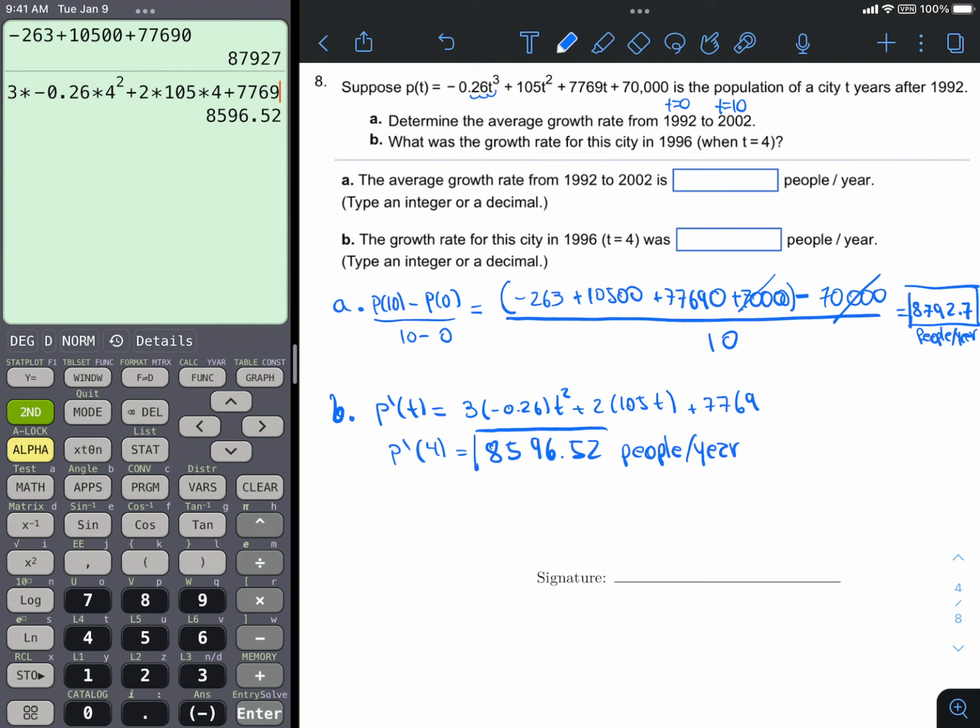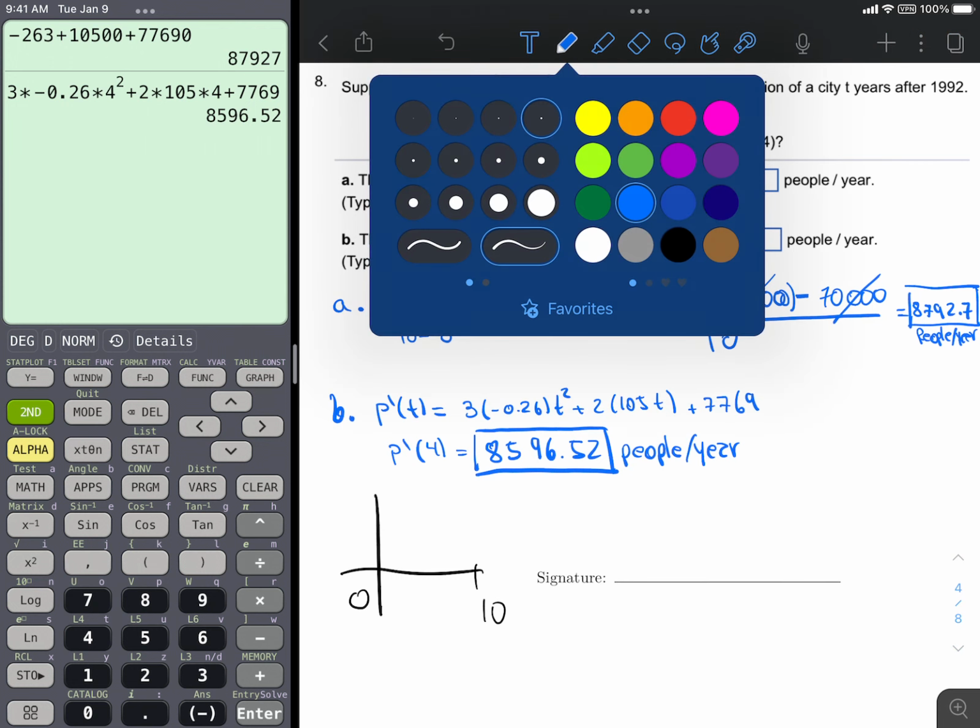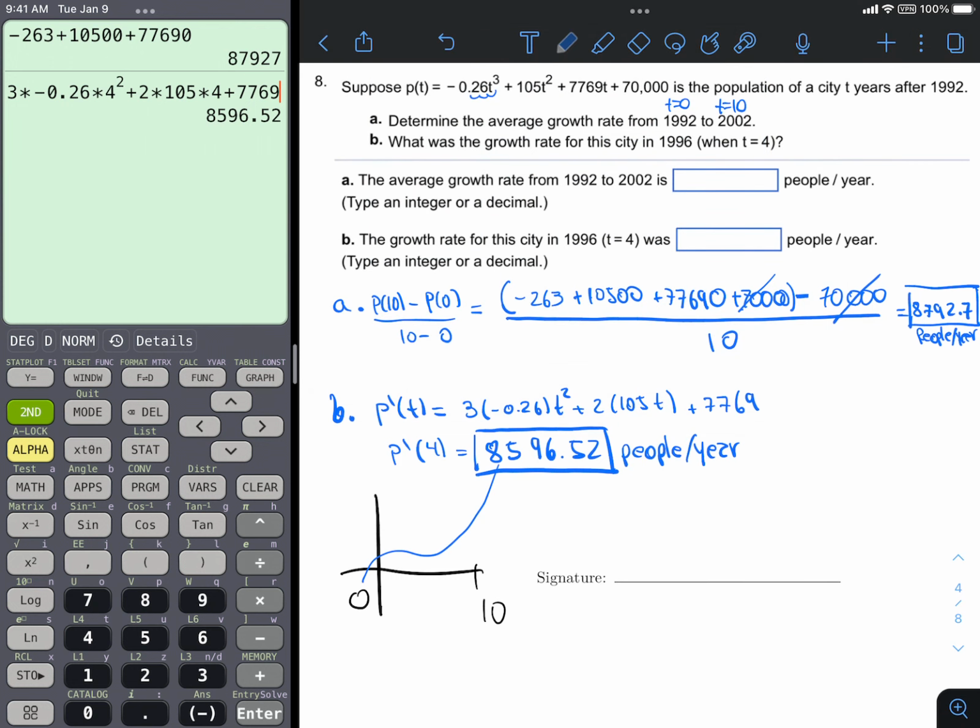So that's at that exact year, not an interval. That is the rate of change. It does make sense that this is close, but it didn't have to be. The polynomial could be a little uglier, in the sense that the shape it has between 0 and 10 could make it so that the secant is not close enough to the tangent at 4.